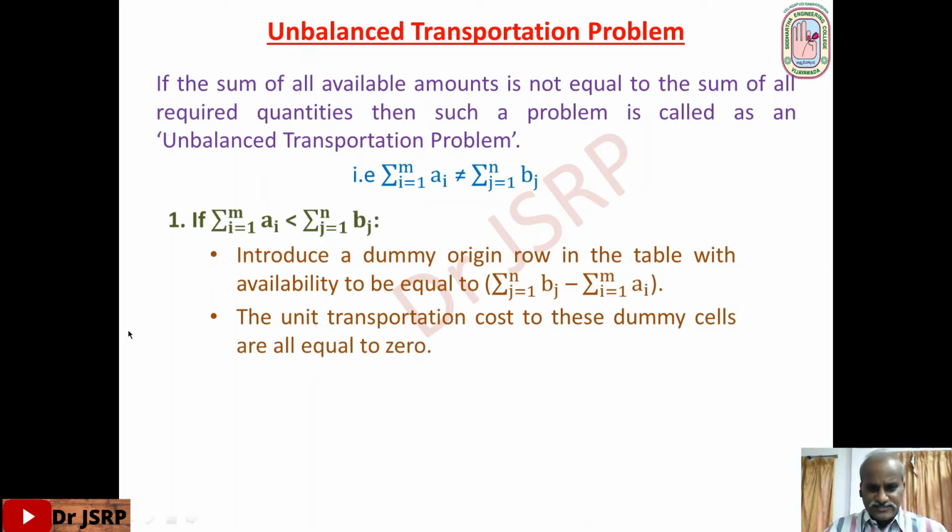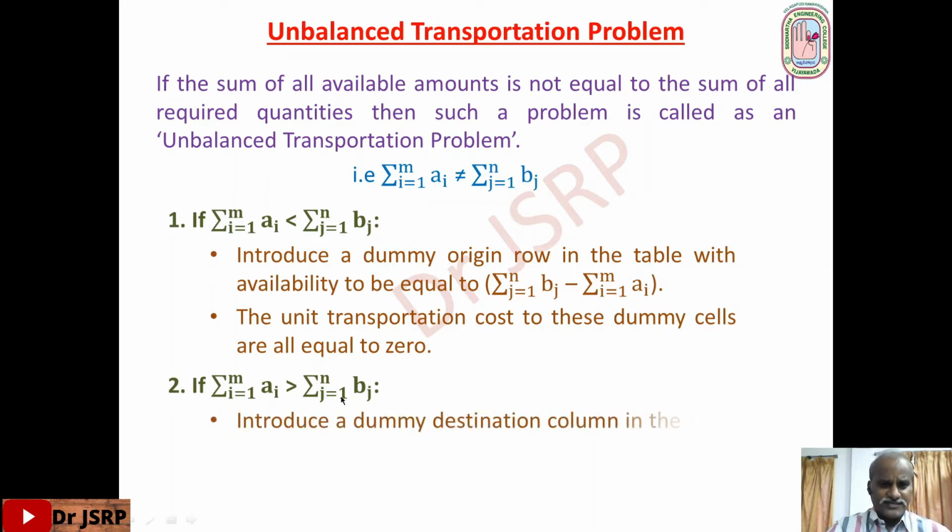Now the second case is sigma i equal to 1 to m, ai is greater than sigma j equal to 1 to n, bj. That means there is some surplus amount available at origin. To overcome this, we introduce a dummy destination column in the table whose requirement is the difference of sigma ai and sigma bj.